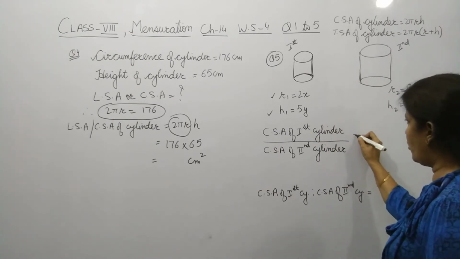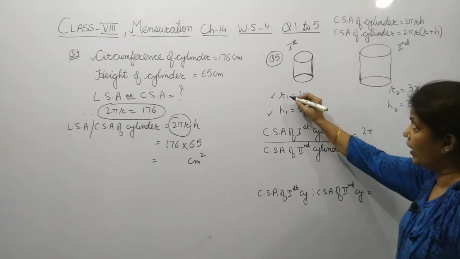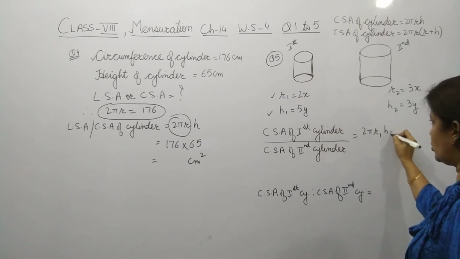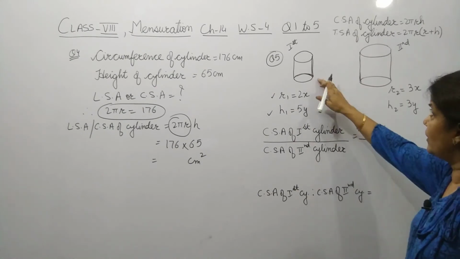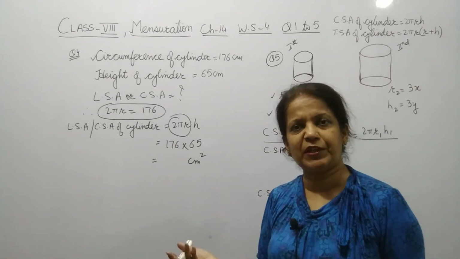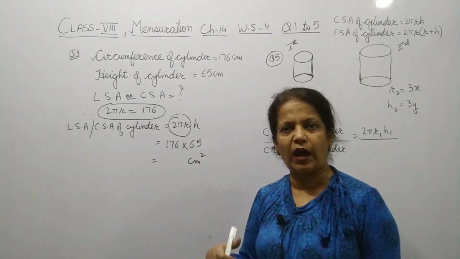Now apply the formula curved surface area 2 pi r h. Here we will take r1 and h1. Since these are two different cylinders, we give r and h different names: r1 h1, r2 h2.